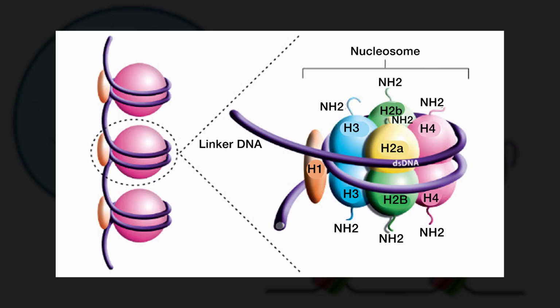Linker DNA, which is 20 to 80 base pairs, connects consecutive nucleosomes, while the linker histone H1 stabilizes DNA entry and exit sites, promoting compaction into high-order fibers. This architecture balances genome packaging with regulatory accessibility.